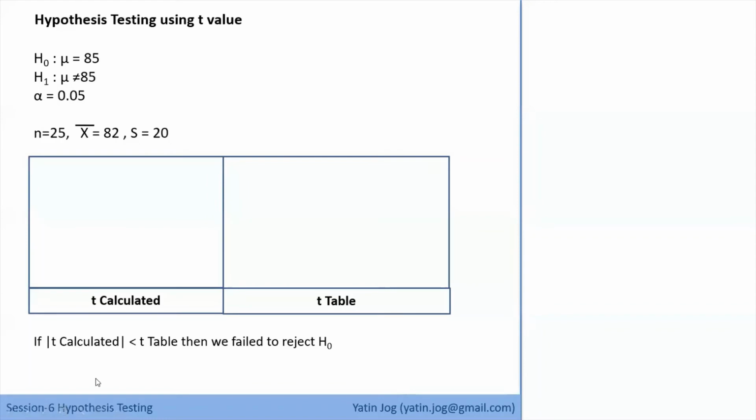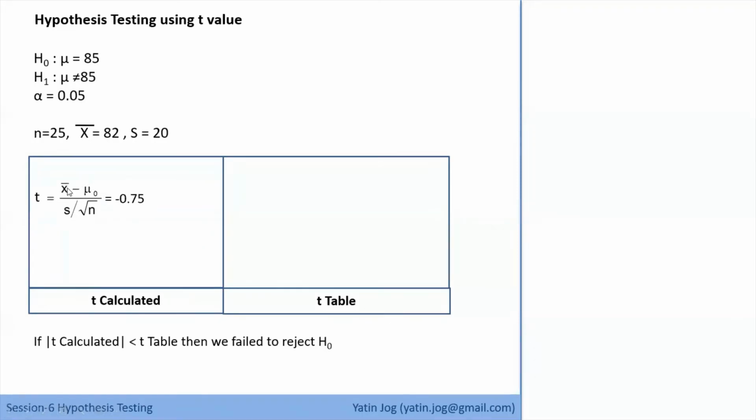That is a thumb rule in analysis. So first, we have to find both of these values: the T calculated, which is the left value, and the T table, which is the right value. Now, what is the formula for calculation of T? The formula is this, which is very similar to the Z value formula. What was the formula for Z? X bar minus mu.